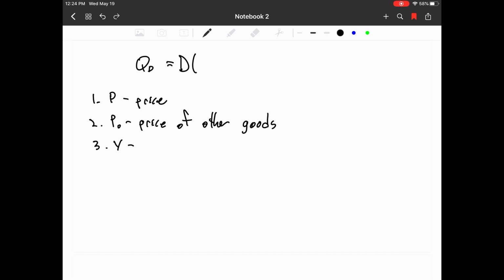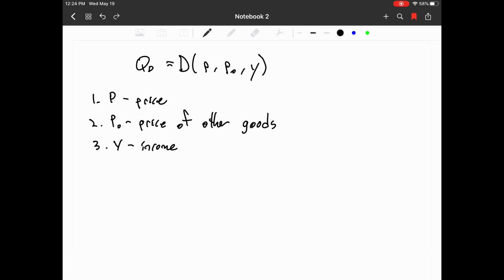And third is income. We denote this with Y. Okay. So the way we write this is just that demand is a function of each of these three: price, price of related goods, and income.